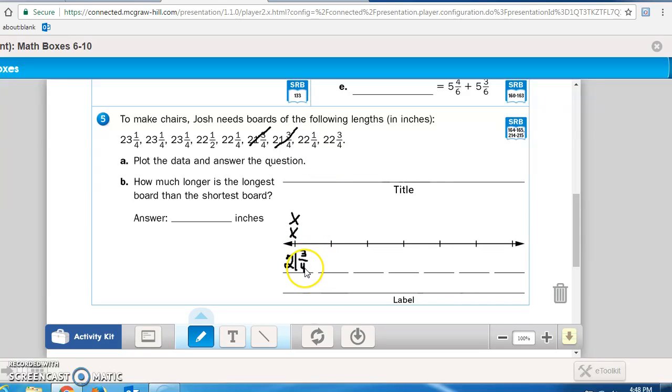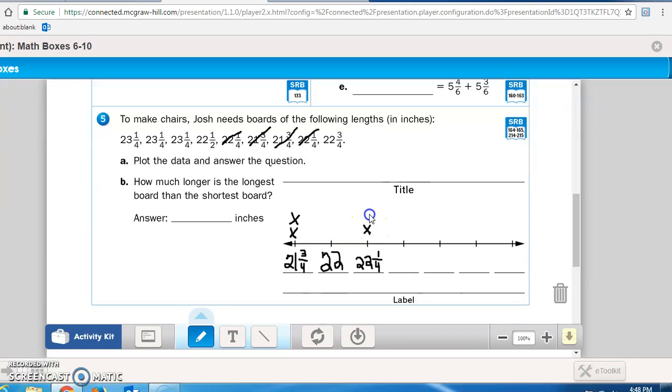I can tell that I could go up by fourths, so I'm going to make this the number 22, even though there aren't any 22, it's going to make for a nicer plot line. What's next? 22 and 1/4. So I write that down. How many X's do I need at 22 and 1/4? 1, 2, I guess I only need 2.